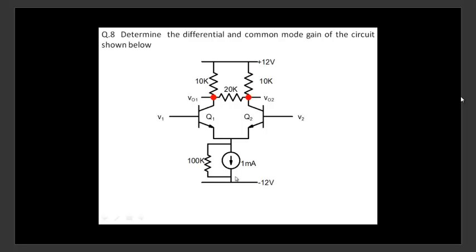For bias point analysis, if I put 0 here, this would be minus 0.7, and so the effective voltage here is 11.3 divided by 100K. That's how much? 11.3 divided by 100K, 0.1 milliampere here.